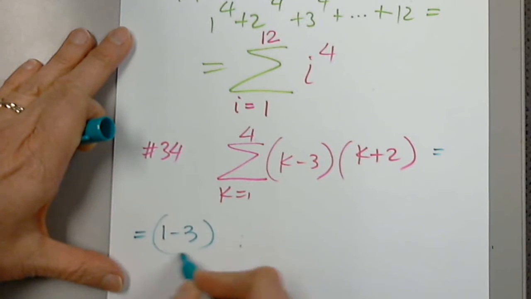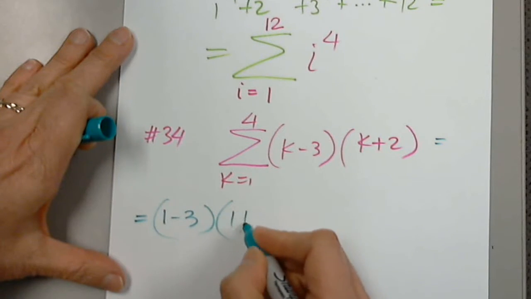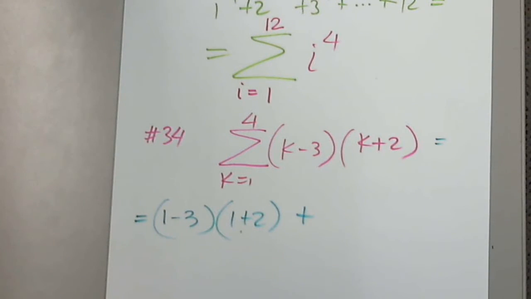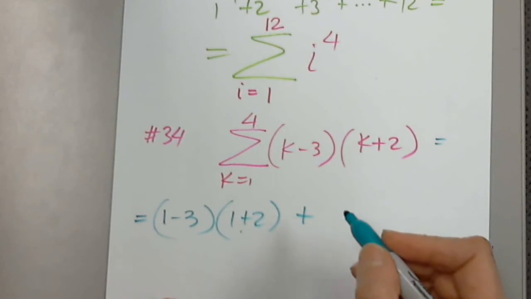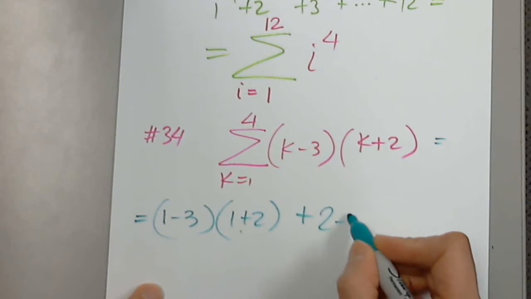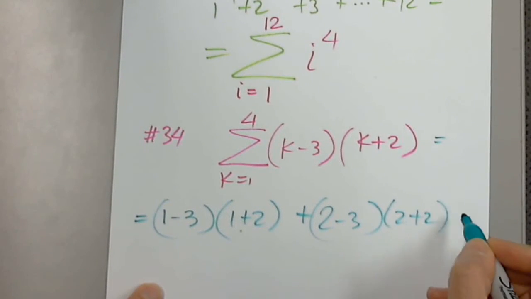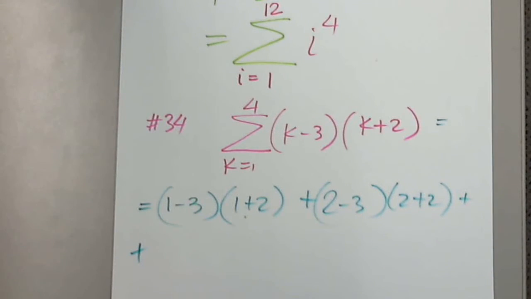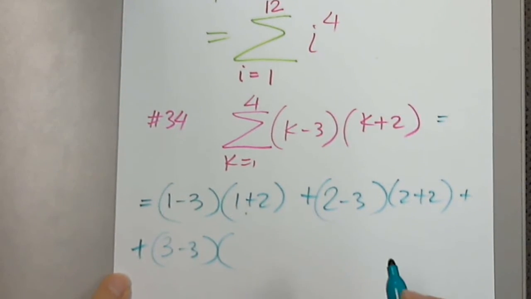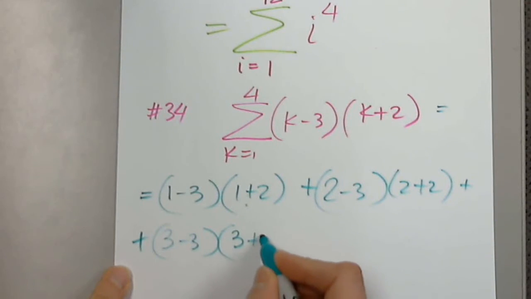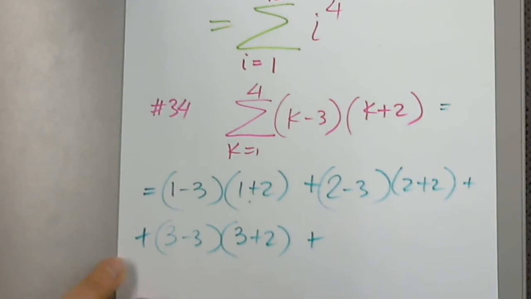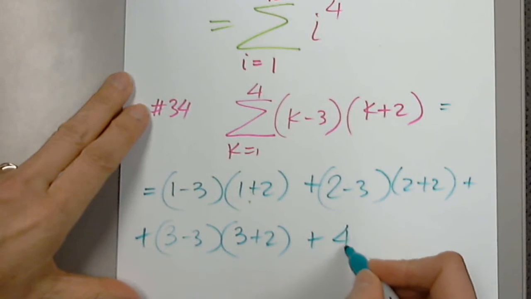1 minus 3. Good. 1 plus 2. Very good. This was the first term when k was 1. Plus 2 minus 3 plus 2. Very good. This was the second term when k was 2. Next term. 3 minus 3 and 3 plus 2. Good. Plus one more term, 4.